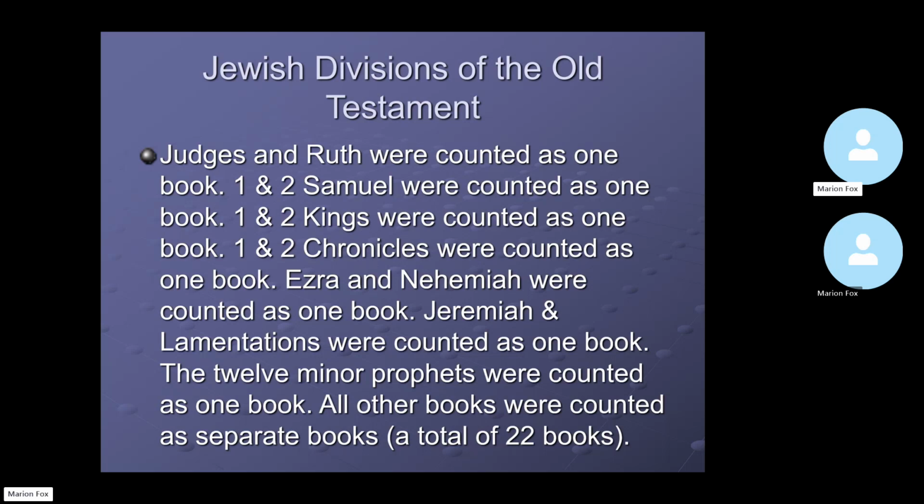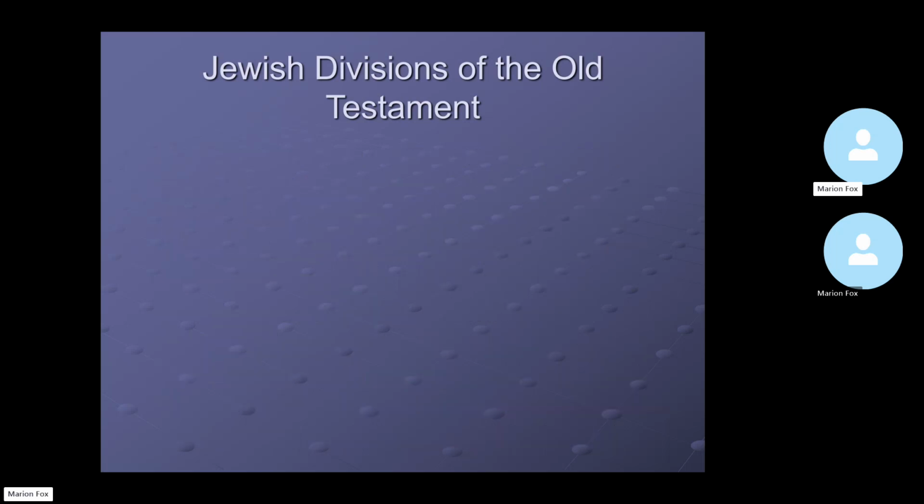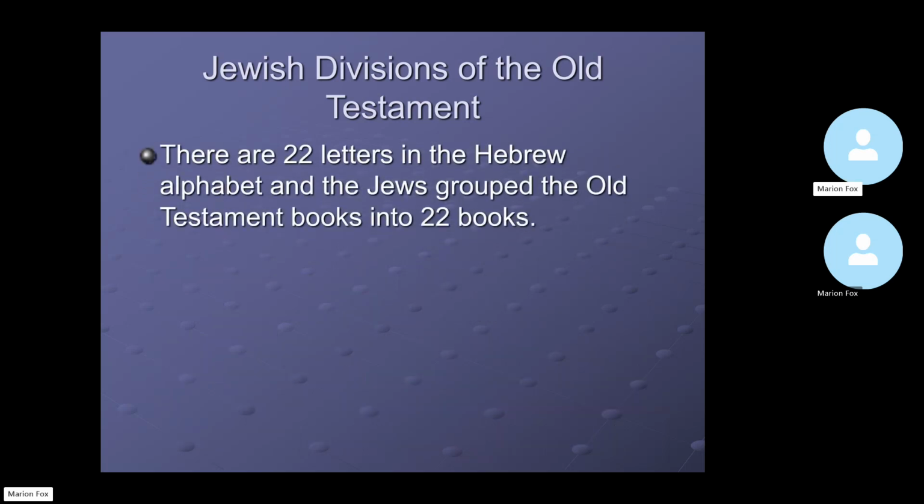The 12 minor prophets were counted as one book, and they were put, I believe, on basically the same scroll. Other books were counted as separate books, and we have a total of 22 books in the Hebrew version of how they collected the books. Same material that we have, however.